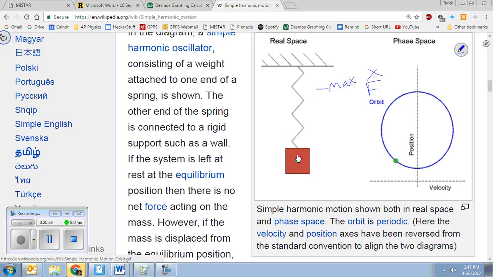Where would our maximum acceleration be? At that same place, right? Because your acceleration is proportional to your force. So that one position, and then similarly down here at the bottom, you're going to achieve those again, right?